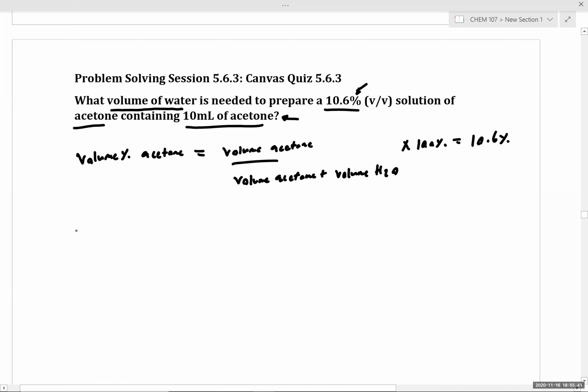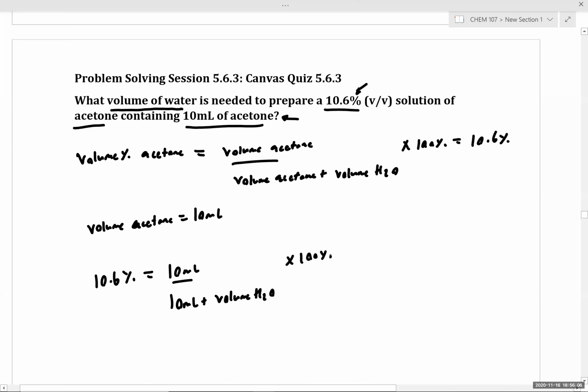We also know that the volume of acetone, which is our solute, is 10 milliliters. So substituting, our volume percent is equal to the volume of acetone over the volume of acetone plus the volume of water times 100%.